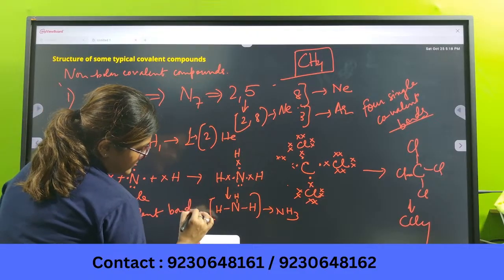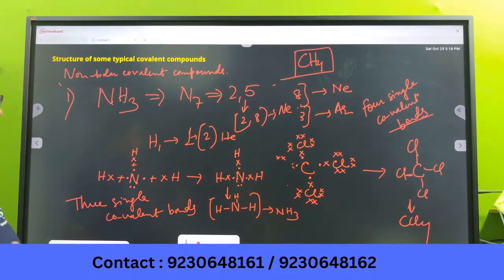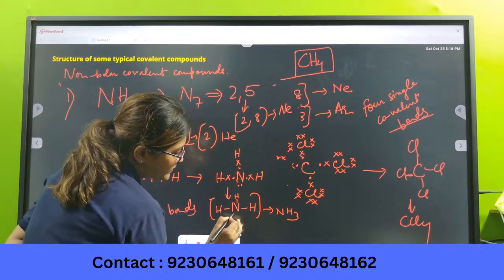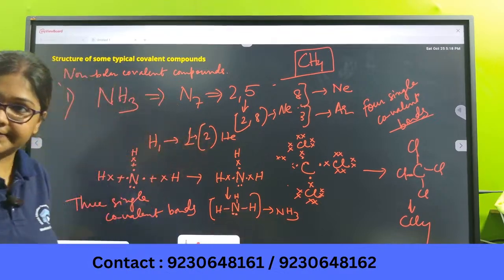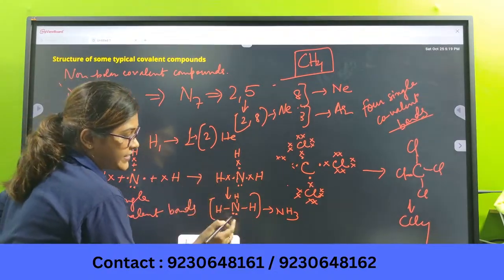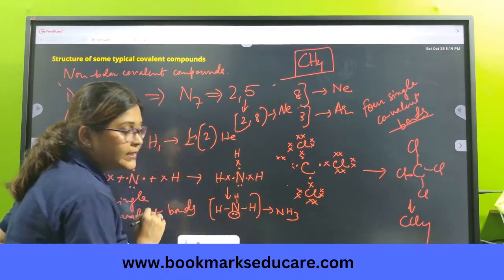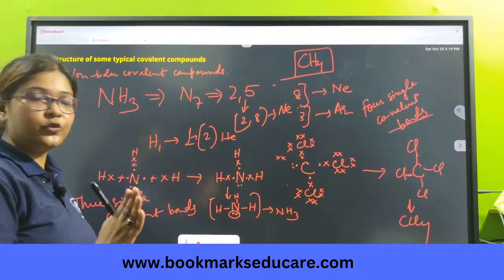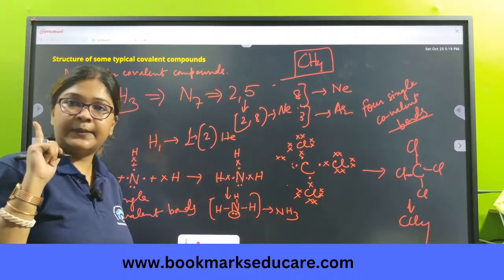Okay. Now here there is a concept of lone pair, right? In ammonia, what we see after the interaction is that there is 1 pair of electrons left over on the nitrogen atom.